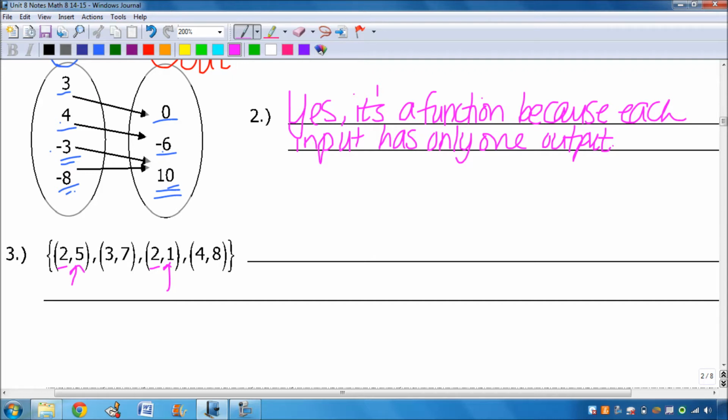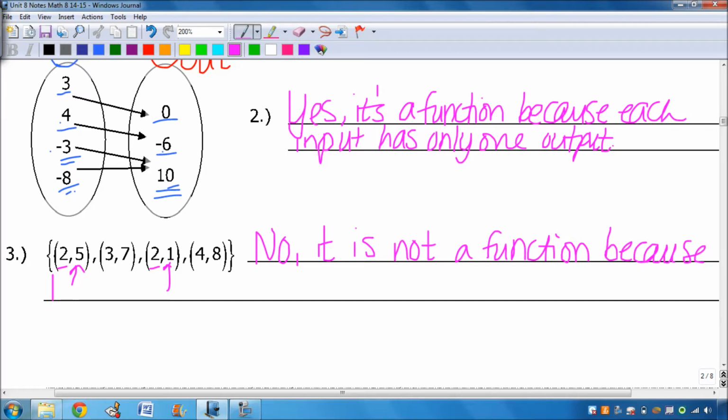So here we're going to say no, it is not a function because there is an input that has more than one output.